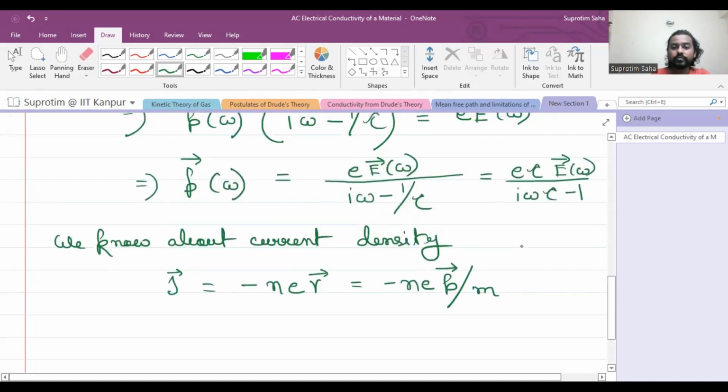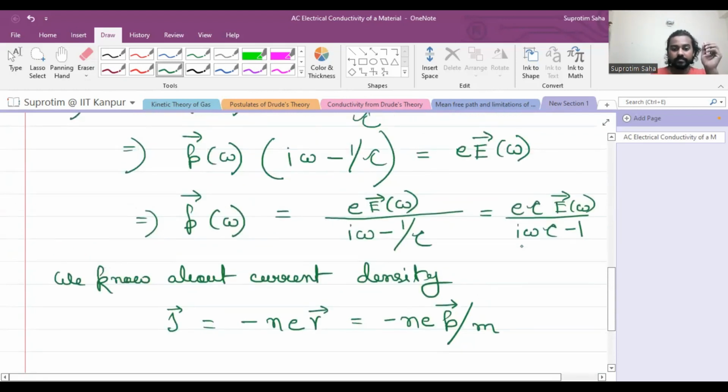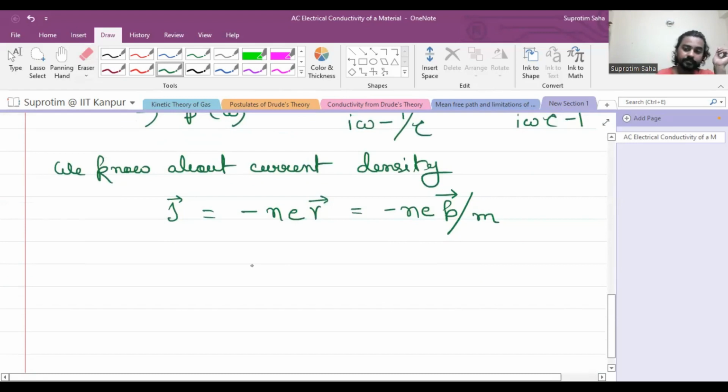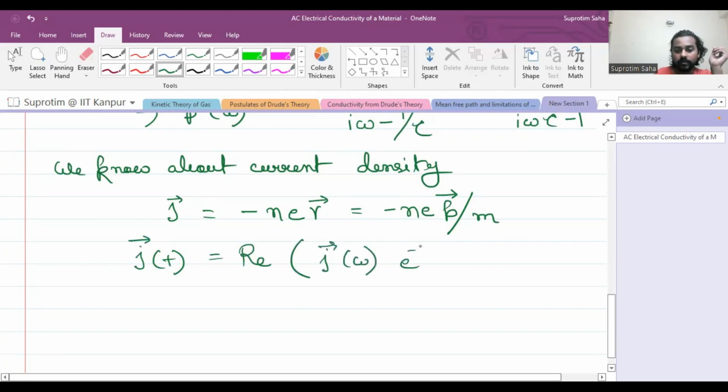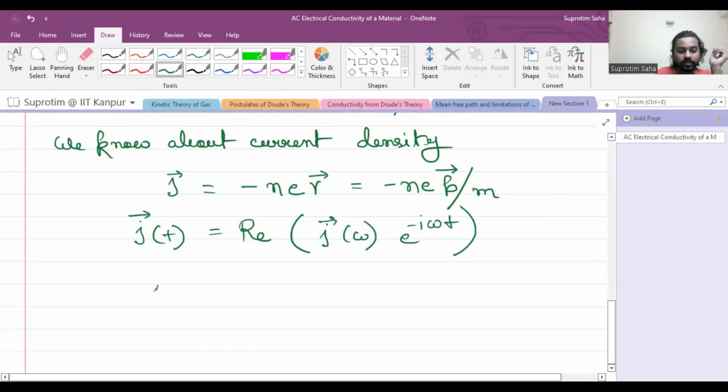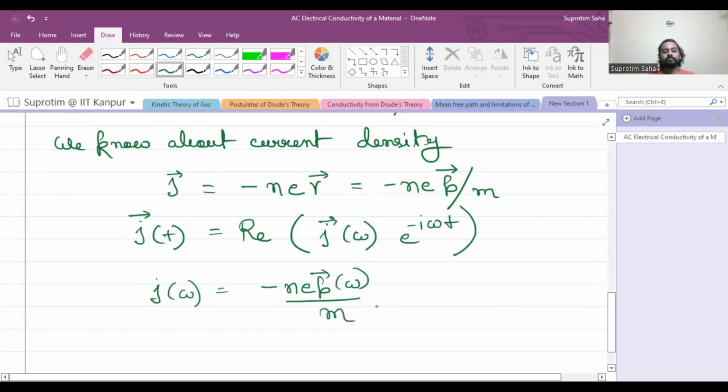We will be using this form of current density in terms of momentum. So all right. Now again, the current density J vector, so J vector omega equals minus n e p vector omega by m. This is simple to understand.